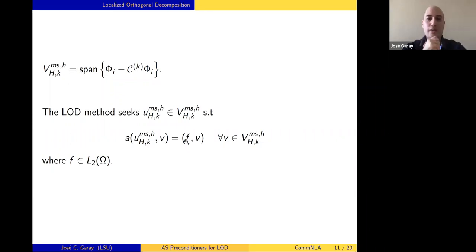The subdomains that we use to solve the LOD system are just obtained by dividing the original domain into squares. You can take any number of subdomains that you want, but they are squares.